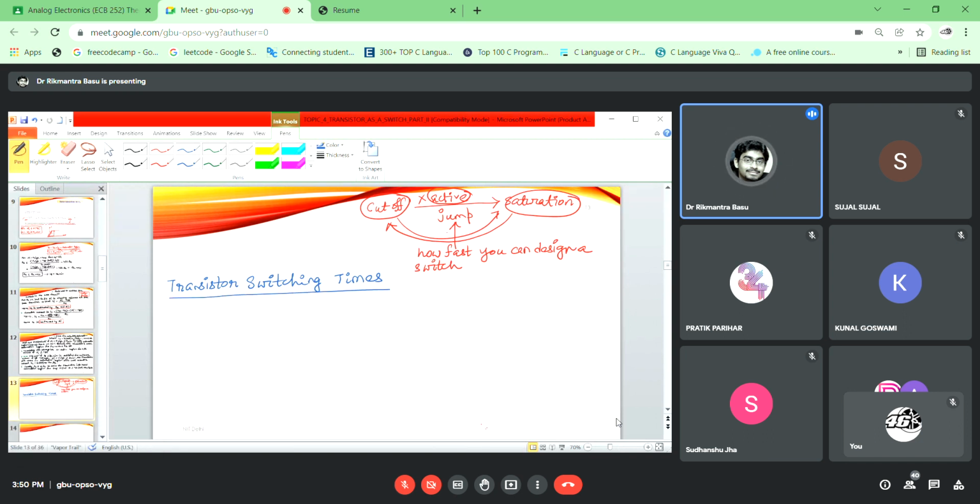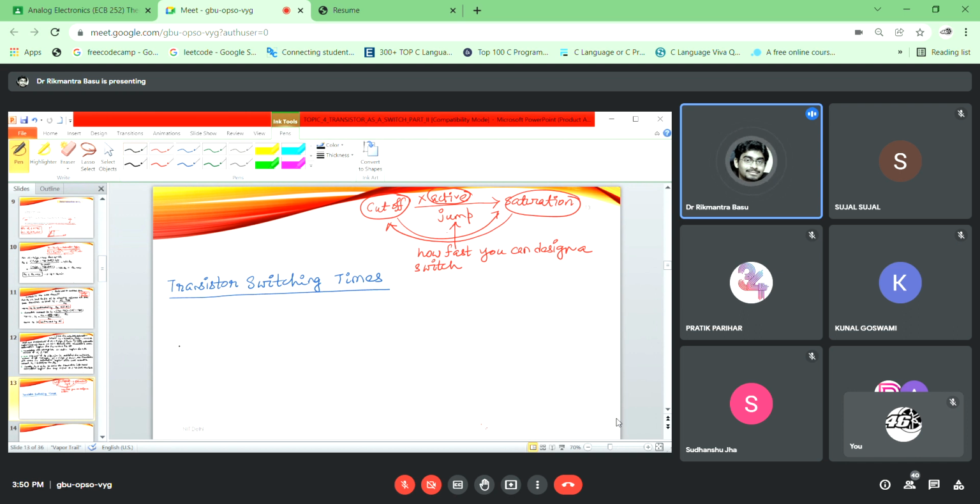Although the switching times depend on many factors, this subsection will analyze the performance of the transistor switching times and its different consequences.